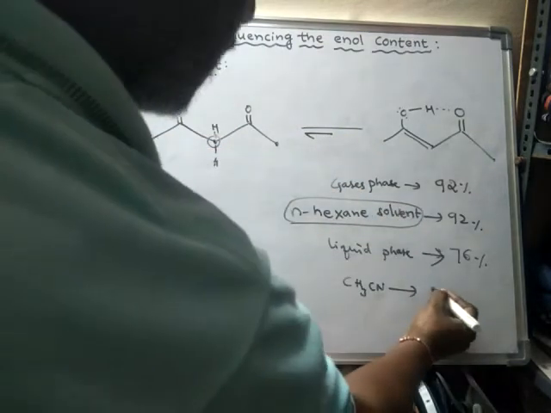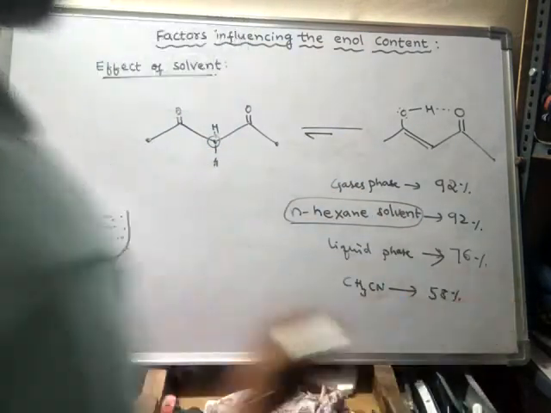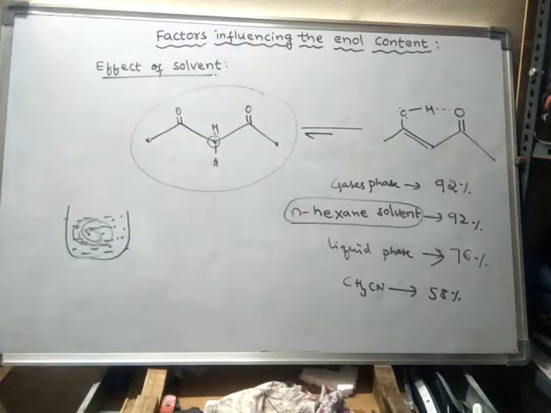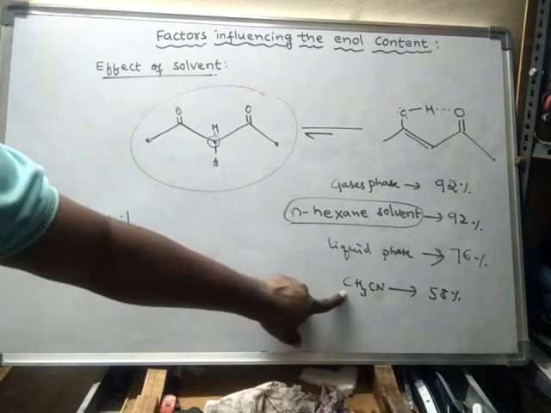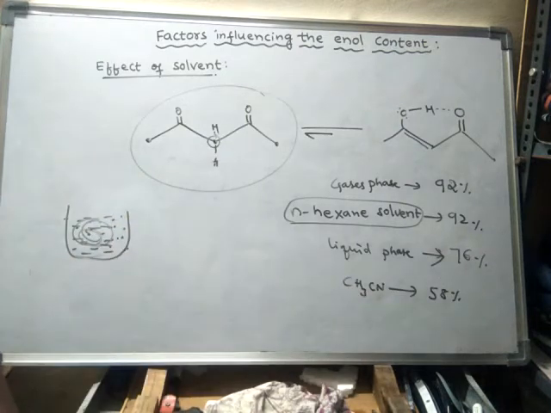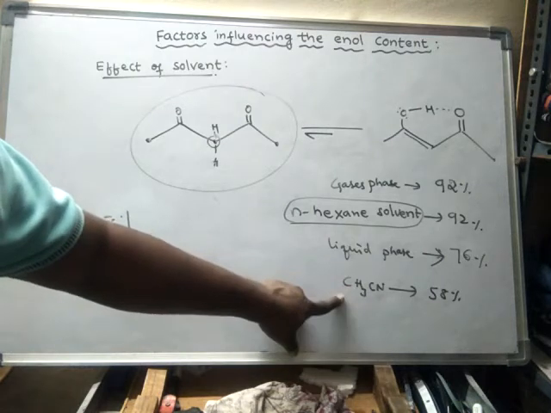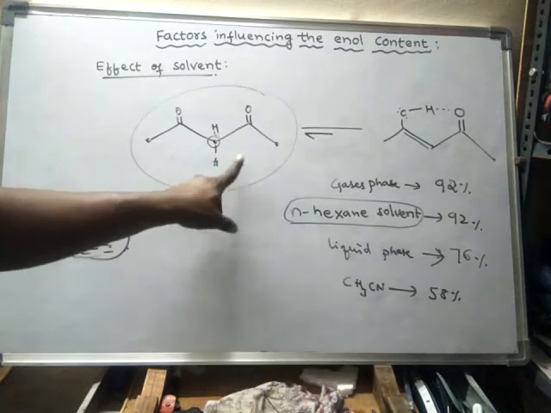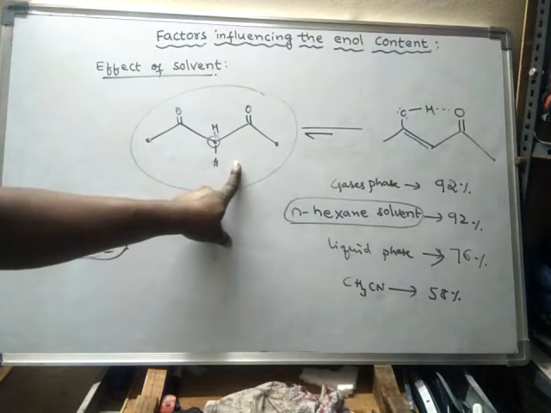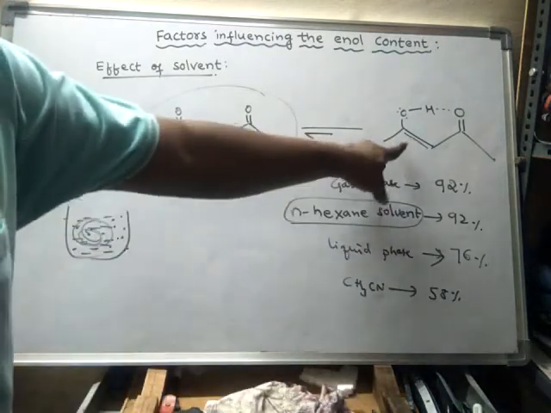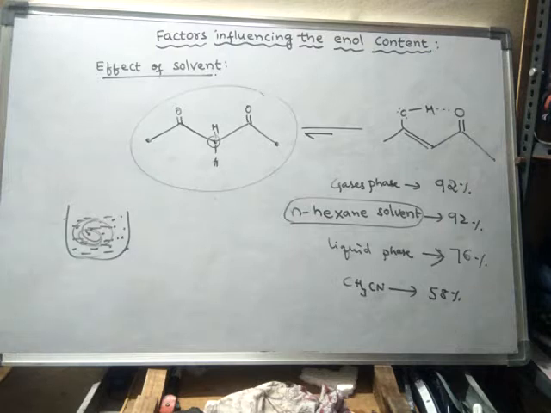It will still be 58%. This keto form is favored mainly in polar protic solvent. Since this is a polar aprotic solvent, it does not favor the keto form to a large extent, so it will try to favor the enol form.